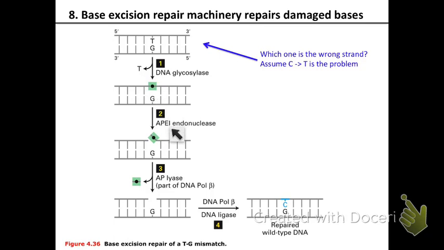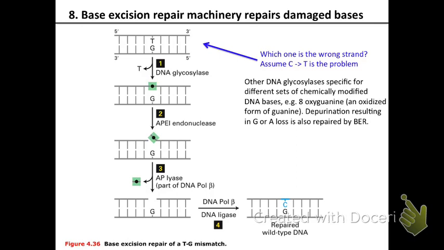And then this structure recruits another endonuclease, which cuts the sugar phosphate backbone on one side, and this recruits additional proteins like AP lyase, which also removes the abasic nucleotide completely. And then this gap is repaired by a specialized DNA polymerase called DNA polymerase beta, which adds the correct nucleotide, and the ligase basically ligates the phosphodiester bond. Okay, so that's how this can be repaired.